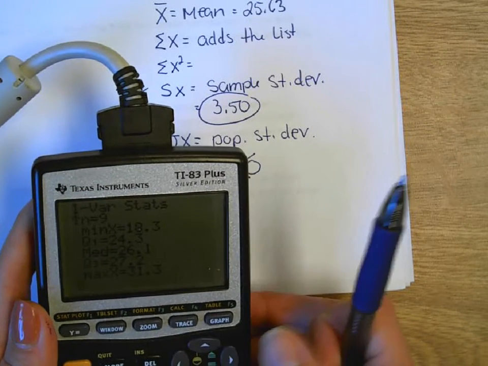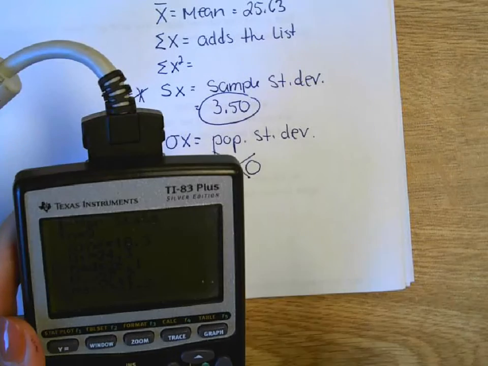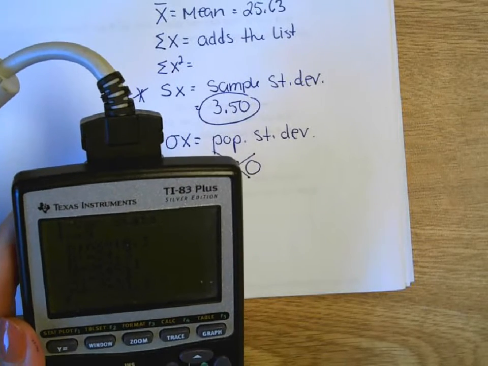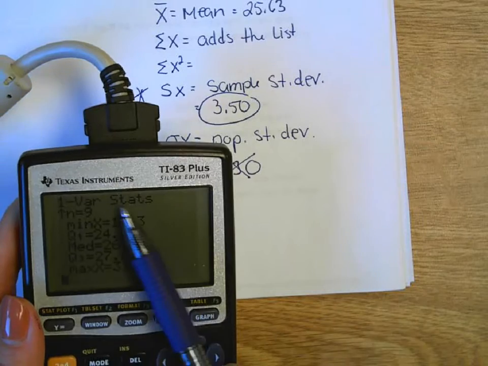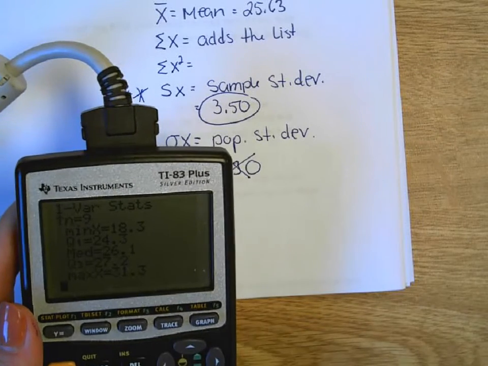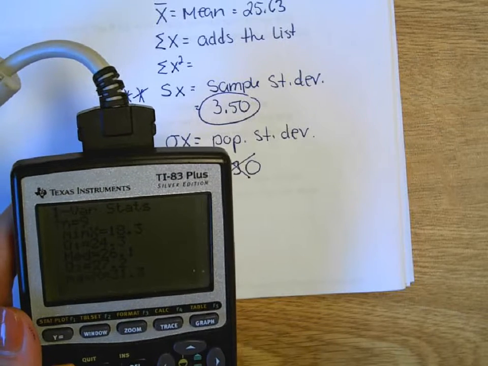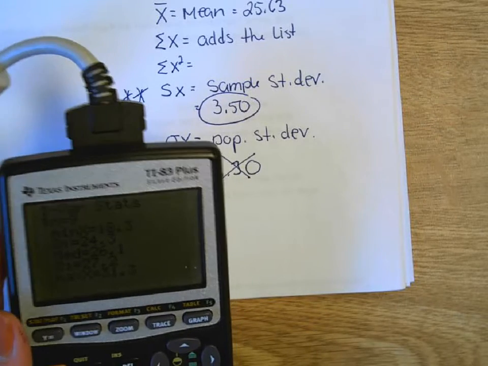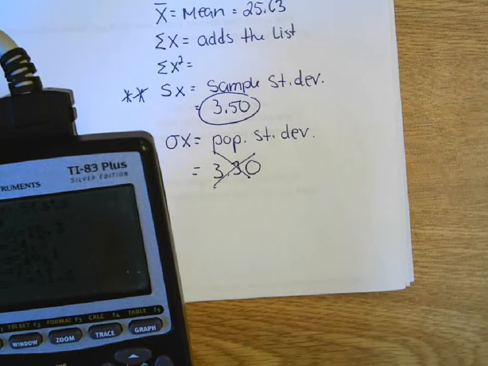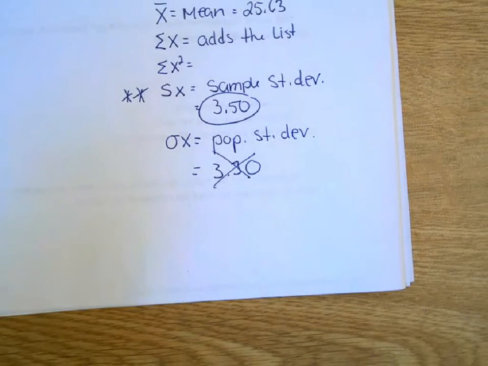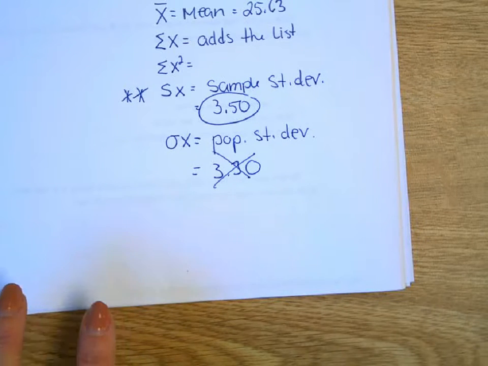The max, and that's everything. So there's a whole lot of information in this one bar stats. I use this all the time. I don't go into that list anymore and do any of that other stuff. The only thing I use is 1 bar stats. So on a calculator you can find the same things in different places. Okay, that's it for that one.